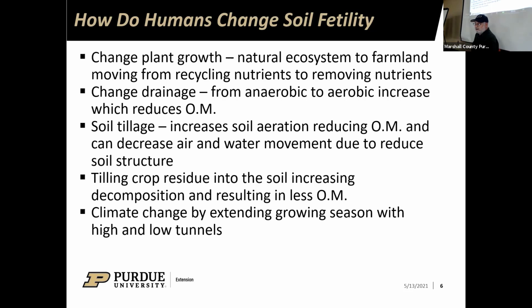Climate change, by extending the growing season with high and low tunnels, we're keeping that soil productive longer, so more nutrients are being harvested. So we need to replenish those nutrients as well, and not having as long of a period for the soil to kind of heal itself, even if we're planting a cover crop into those sites.